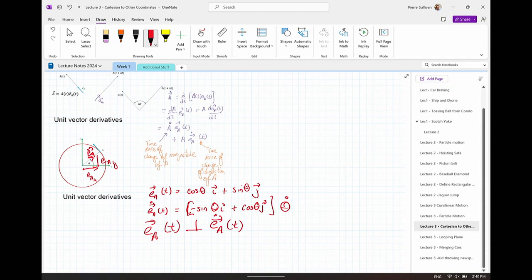Does the orthogonal relation only exist in the time where E of A is independent of t? Because as you can see on the board, E of A of t is cos theta times i plus sine theta times j, which is independent of t unless theta is a function of t. So this is the very simplest sort of relationship, and it's the easiest one for me to show.